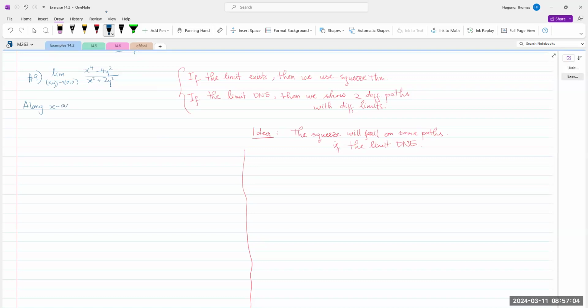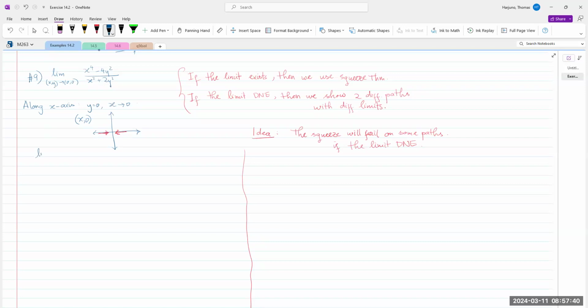Along the x-axis, which means y equals 0 and x is approaching 0, we approach the origin along the x-axis, so we can parameterize that path using (x, 0) going to (0, 0).